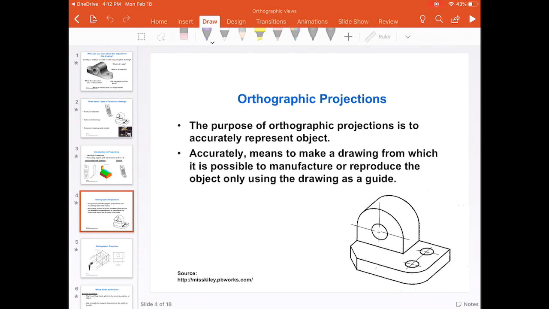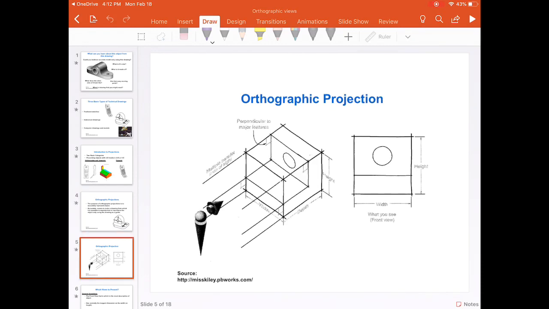So let's talk about orthographic projections. Orthographic projections look at the object from different angles. For instance, if I want to look into this object, I can look in from where the eyes are. If you look into this object from the front view, which is down here, this is the drawing for the front view.